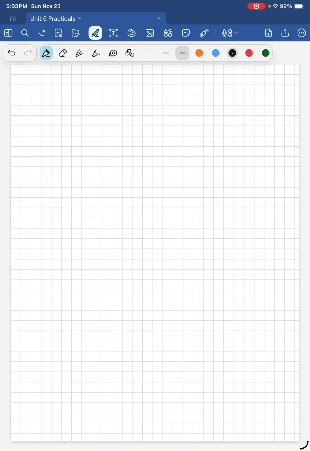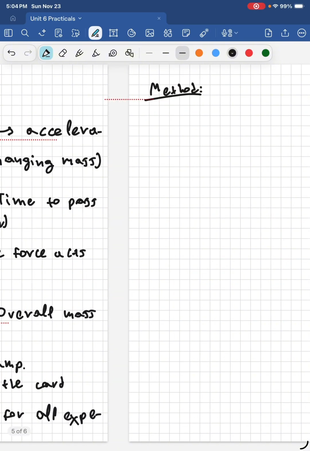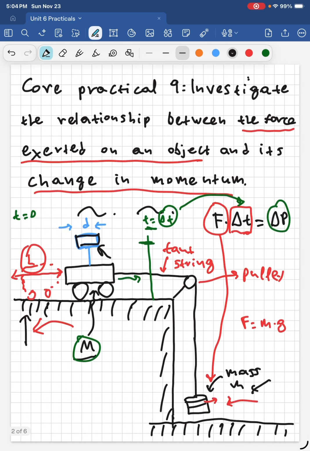Okay, the method is what we discussed earlier. So the method is, let's go back to the scheme. We will basically pull the trolley back and let it fall and measure delta t and delta t2, okay?